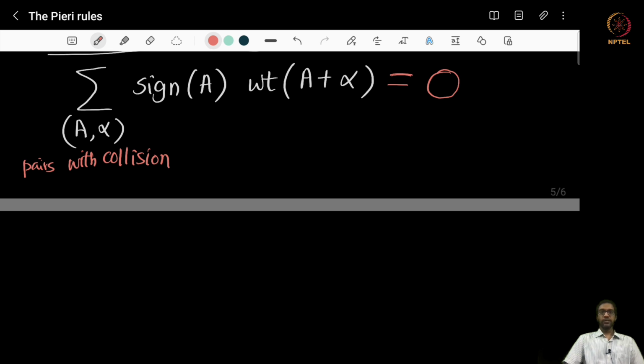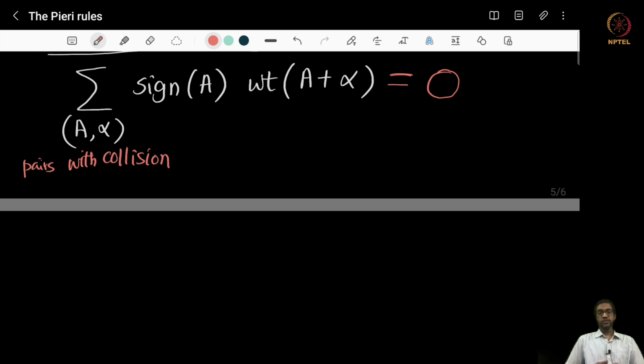Okay, so here's the key observation. If you take that sum that we were computing earlier, where A is all labeled abaci whose bead positions are given by lambda plus delta, and alpha is all possible multi-indices whose total sum is k, then changing from A to A plus alpha sometimes produces collisions and sometimes doesn't.